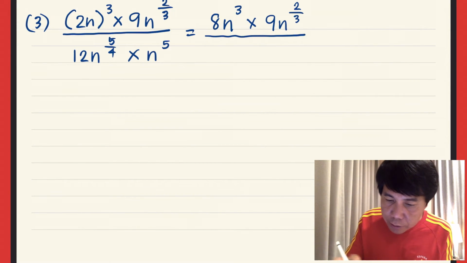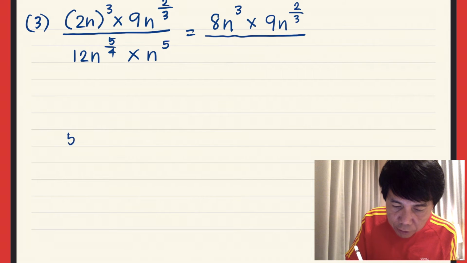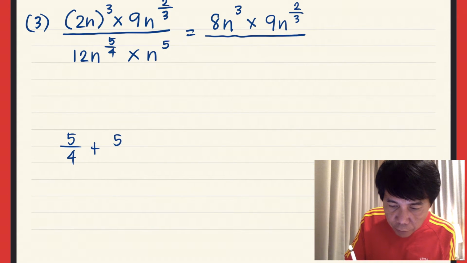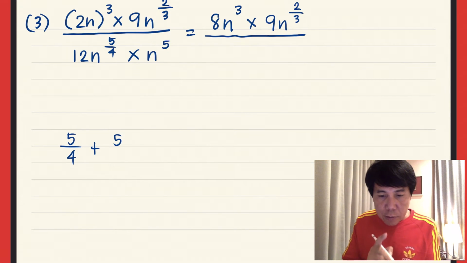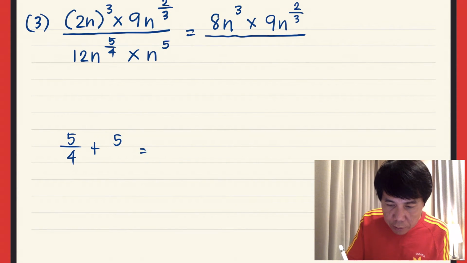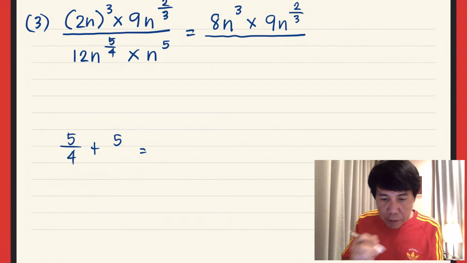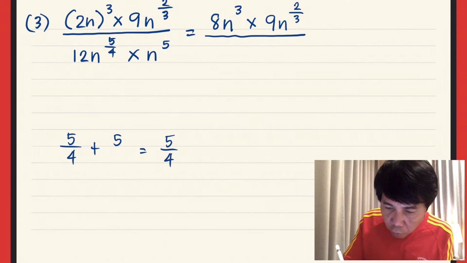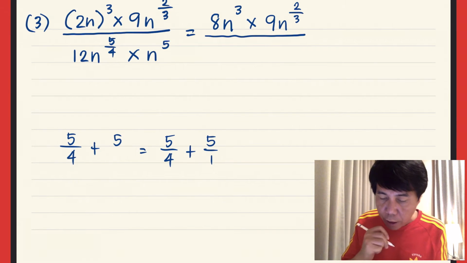Okay, so let's do the addition of fractions here. 5 over 4 plus 5. In this case, we are adding the exponents. So that means we have 5 over 4 plus 5 over 1. Now, we have to make the denominators the same.